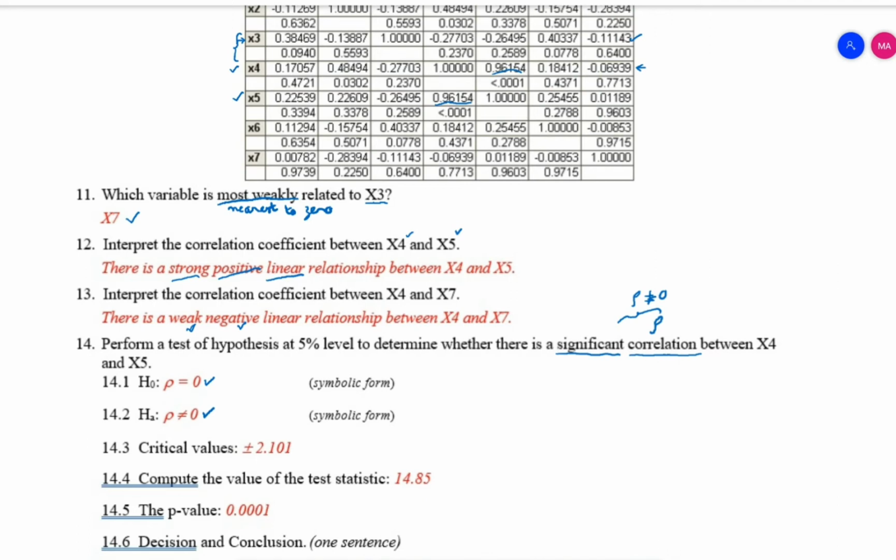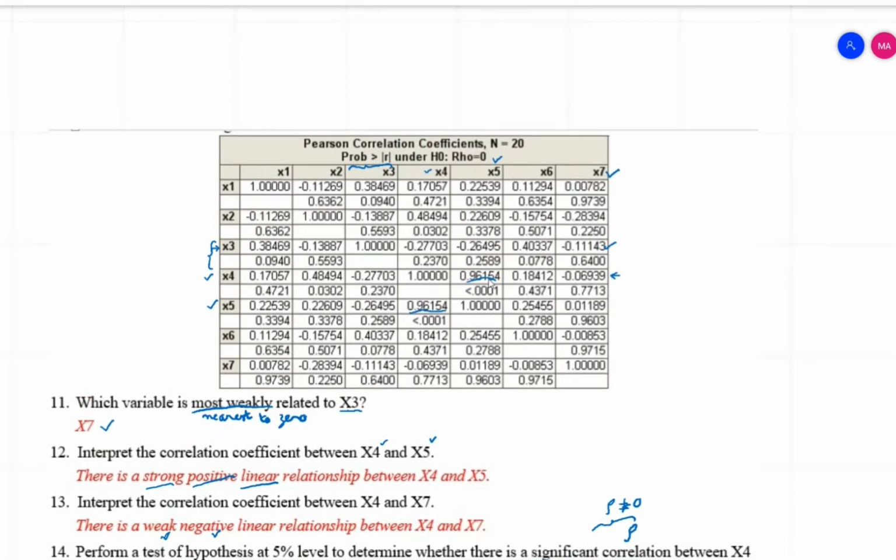Critical value reading. You have to remember to go to the t-table, alpha 0.05, 5%, and degrees of freedom n minus 2. H4 and H5, two variables, n minus 2. What is n? N is given above.